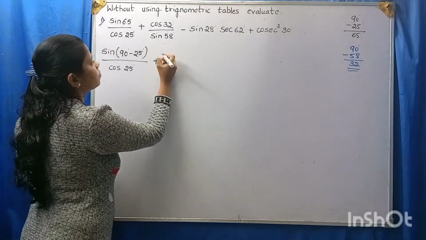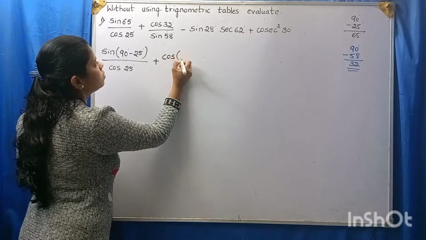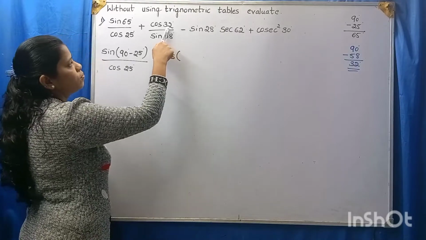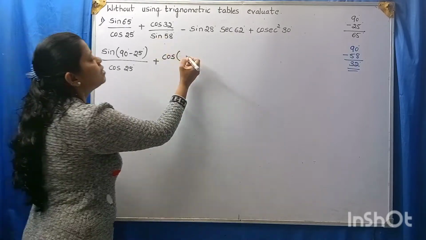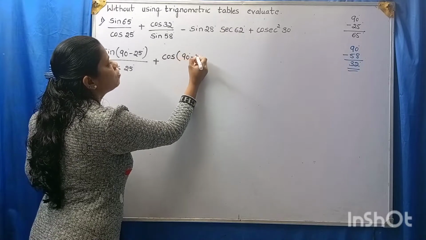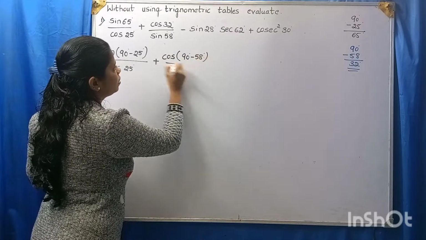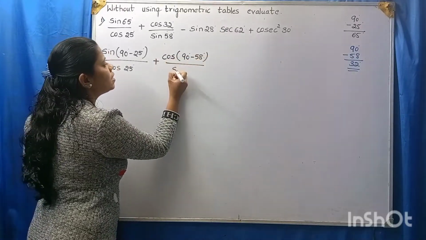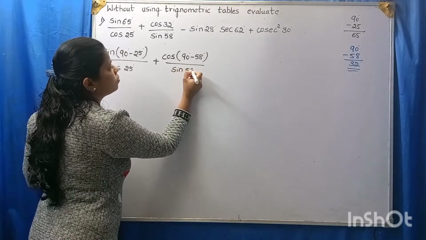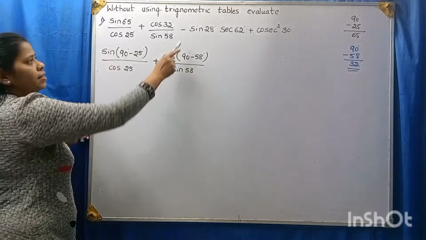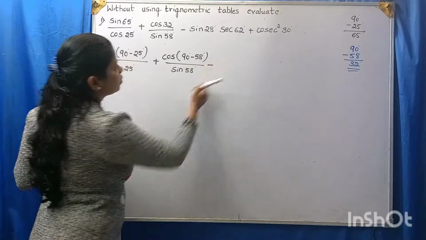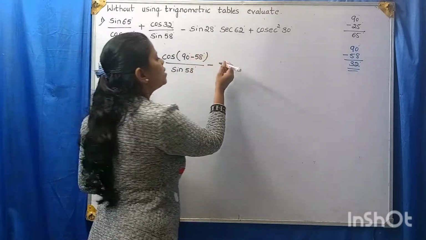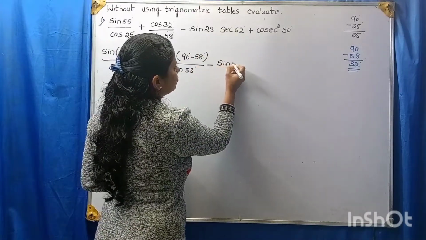That is cos, this 32, I will replace it as 90 degree minus 58 degree, divided by sin 58 degree. Okay? Minus sin 28 degree, let me write as it is.